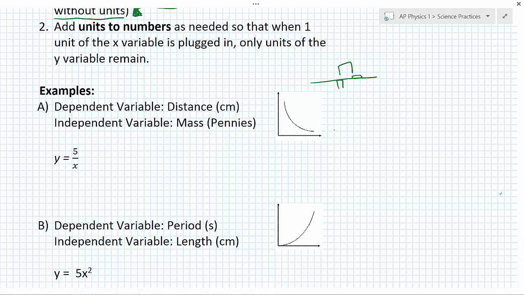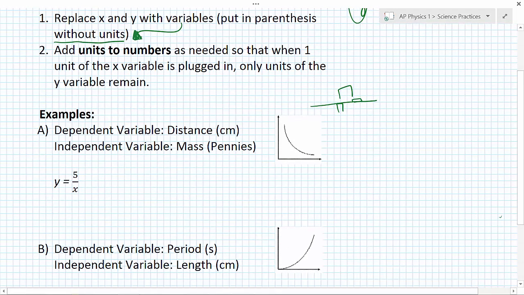So the first thing I would do is step 1, and that is replace x and y with the variables we measured. So using my idea of DRY MIX, the dependent variable, DRY, goes on the y-axis, so we have my distance here and my mass was down here. So I'm going to go ahead and replace my y with the variable that we were talking about, and that was the distance.